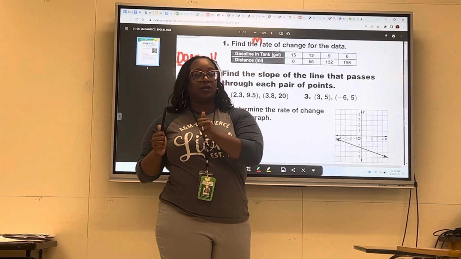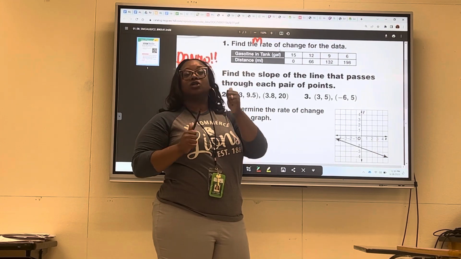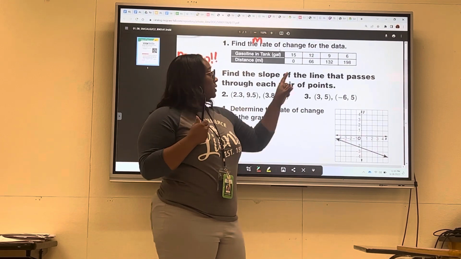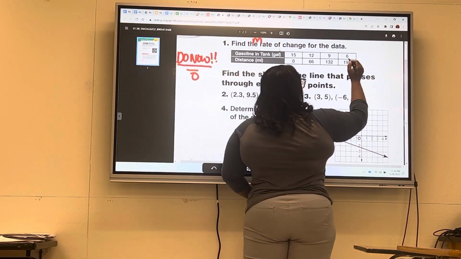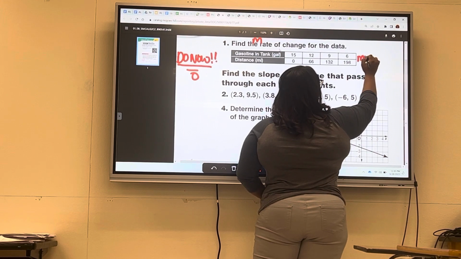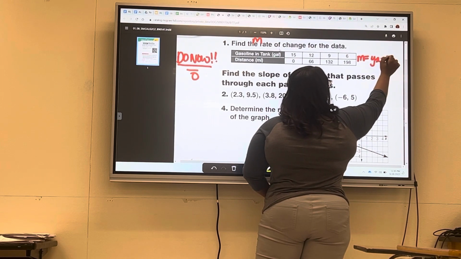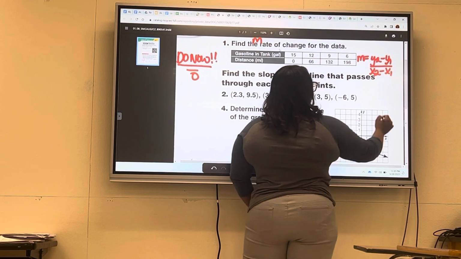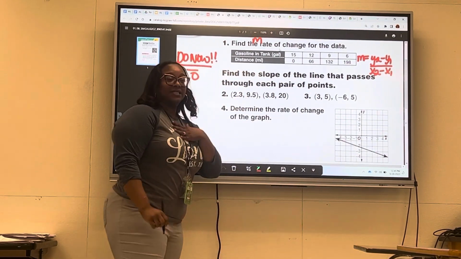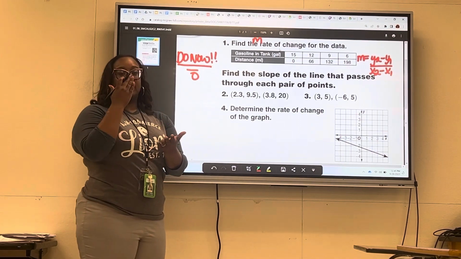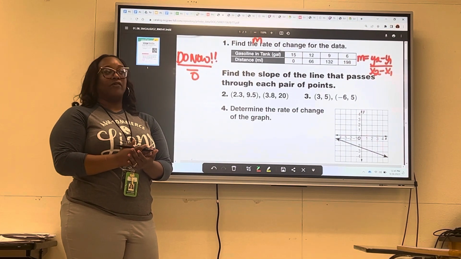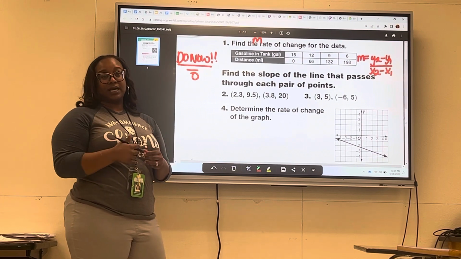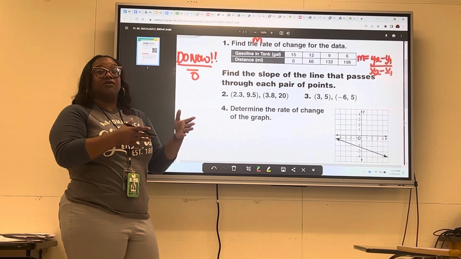But I think it's faster if you use the formula that you used back in Algebra 1, M equals Y2 take away Y1 over X2 take away X1. That formula to me is faster, and I'm all about getting to the answer as quick as I possibly can without making mistakes. You could make mistakes if you plugged it in the calculator, and the calculator is going to give you whatever you plugged in.